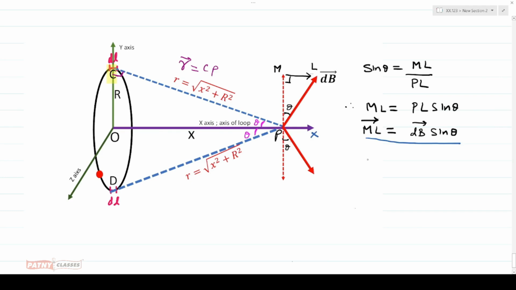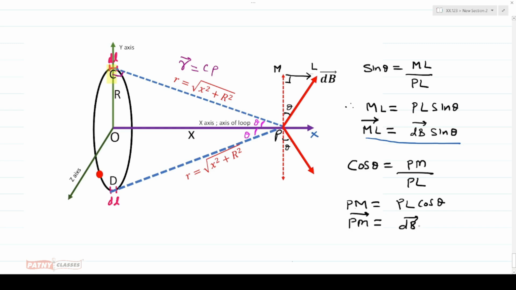Similarly, from this triangle PML, we can find cos theta. So cos theta equals PM upon PL. Therefore, PM equals PL cos theta. What is PL? Vector dB.